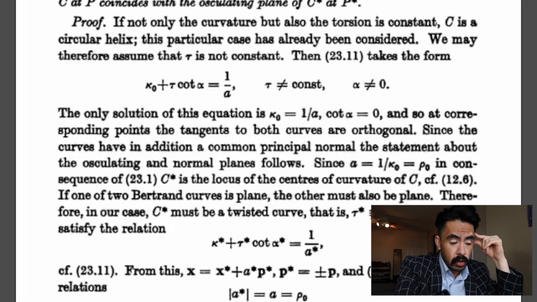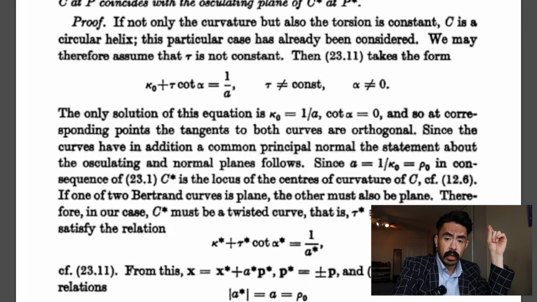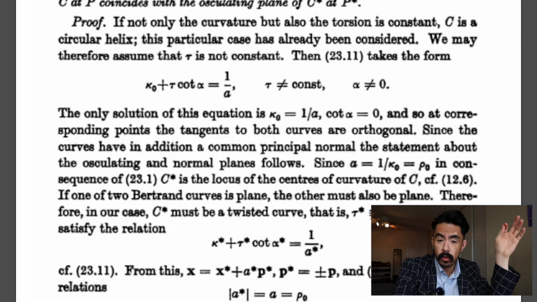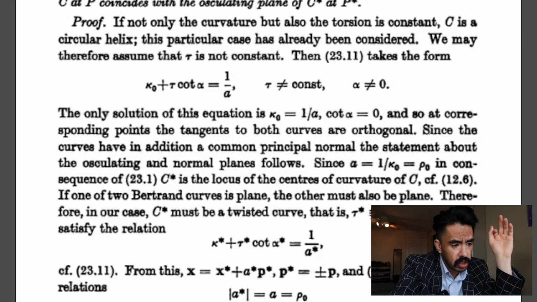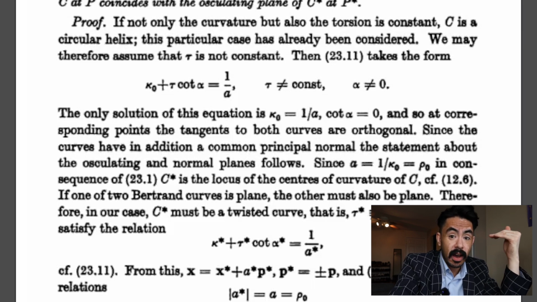We may therefore assume that tau is not constant. Then the relation kappa plus tau times cotangent of alpha equals the reciprocal of A takes the form kappa naught plus tau times cotangent of alpha equals 1 over A, where tau is not constant and alpha is non-zero.